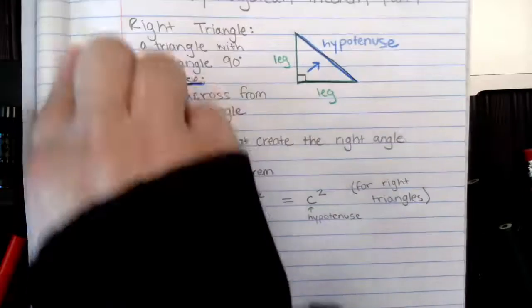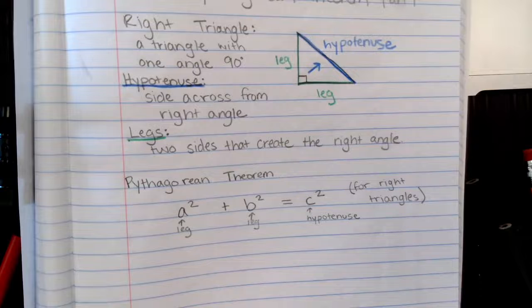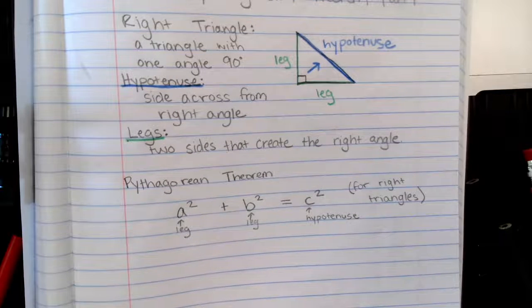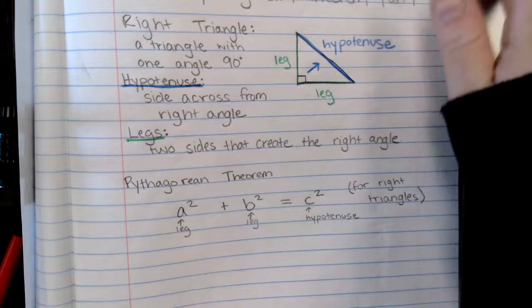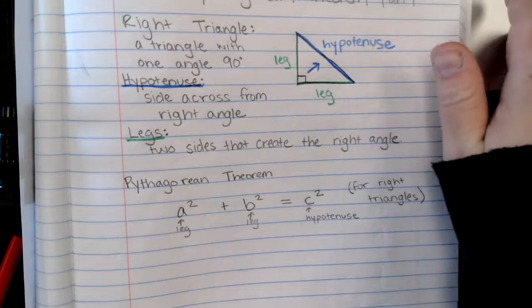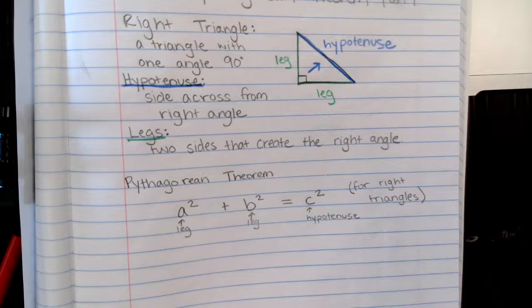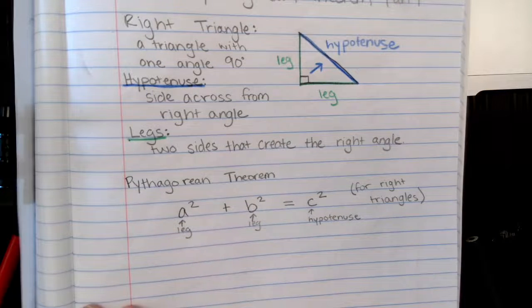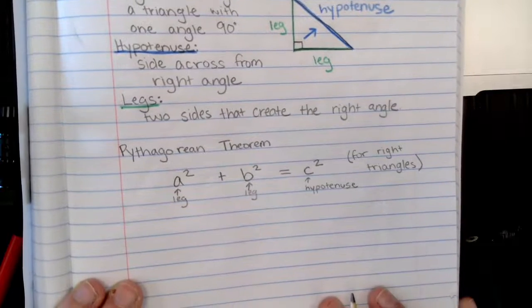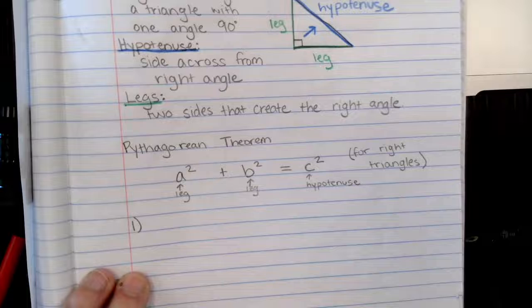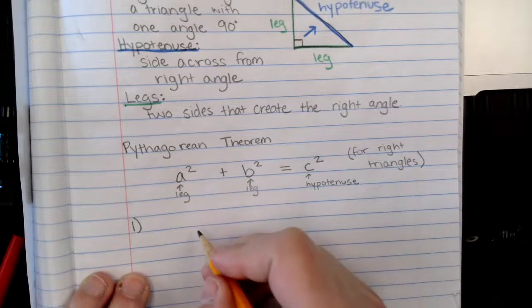Alright, so for example 1, we're going to draw a right triangle that goes this way, so if you want to watch it first. We're going to draw our own right triangle there. I know that this side is 8 kilometers, so km for kilometers.